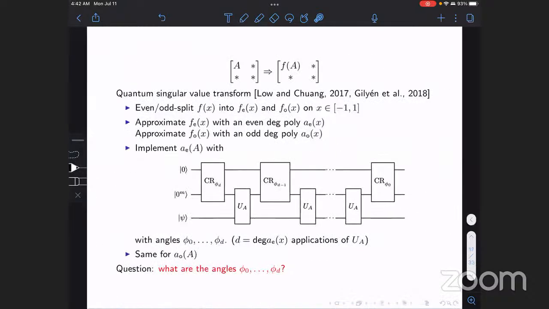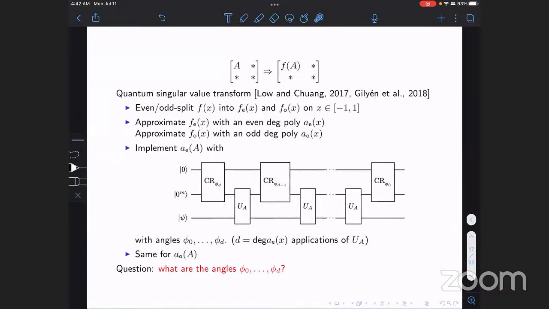Okay. This is the main task which I'm highlighting here, and this is the topic called quantum singular value transformation, which was initiated by the paper by Low and Chuang, and also Gilyén et al. expanded the area and introduced most of the things I'm going to talk about on this and the next slide.